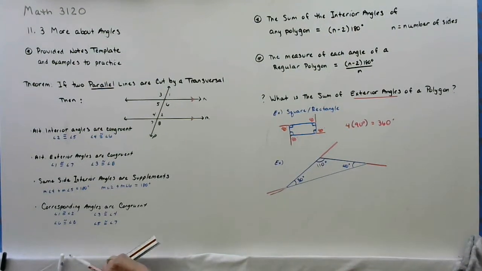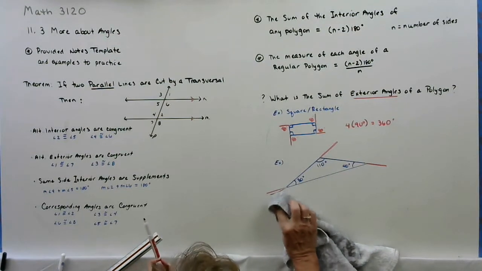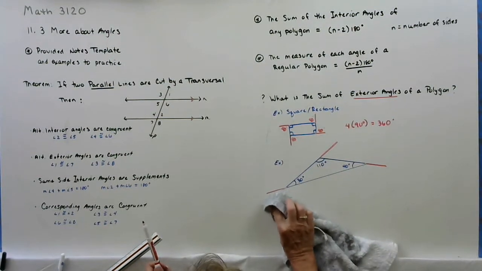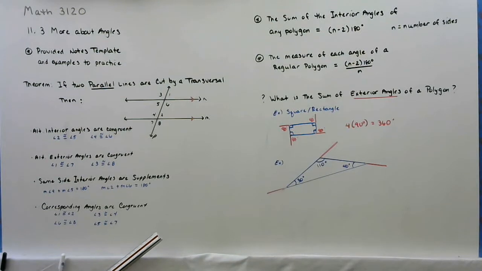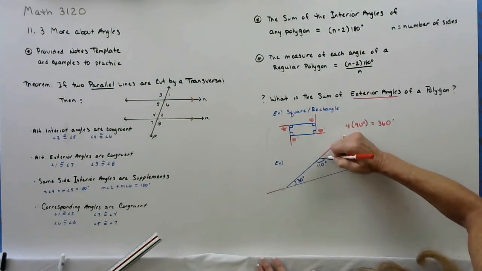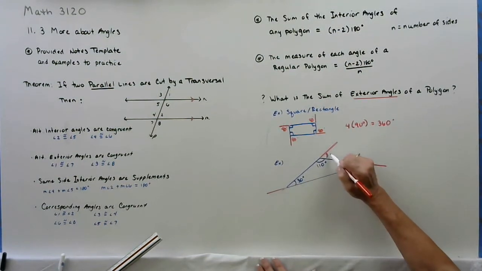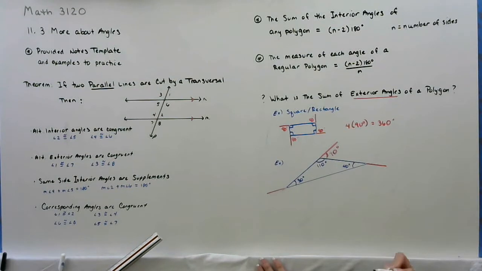And now, as I look, I need to figure out those angle measures of those exterior angles. If I start at the top with that 110 degrees, and I know I have a straight angle, this supplement has to add up to 180, so that piece is 70.